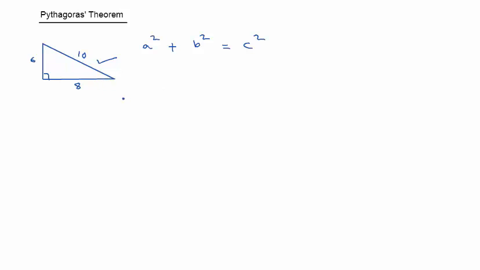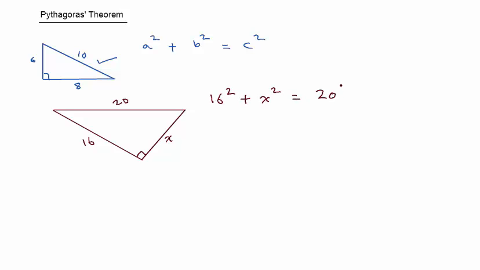Let's look at a problem then. So here's a right angle triangle where the hypotenuse is 20 units long. One of the other two sides is 16 units long, and we need to find the length of the other side, the third side. So let's say this length is x. Now applying the Pythagoras theorem, we have 16 square plus x square is equal to 20 square, right? 16 square is 256 plus x square is equal to 20 square, which is 400.